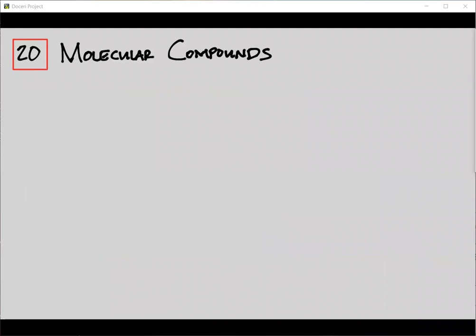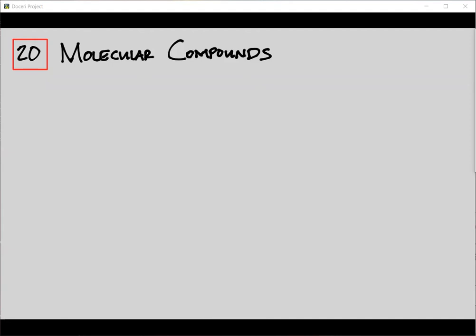All right, so how do we name molecular compounds? The polyatomic ions that we just looked at, you can apply what you learned about type 1 and type 2 in naming ionic compounds containing these polyatomic ions.